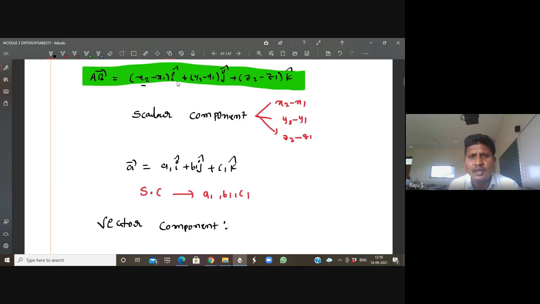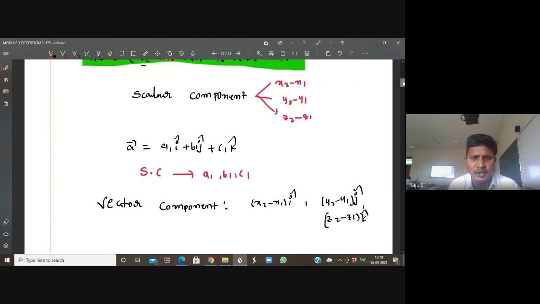Here, (x2 minus x1) into i cap, (y2 minus y1) into j cap, and (z2 minus z1) into k cap are the vector components, along with the unit vectors.